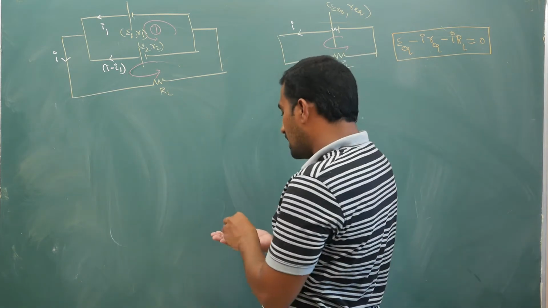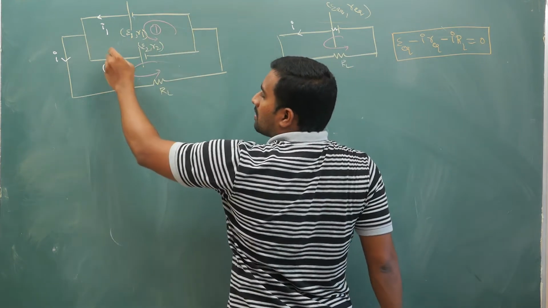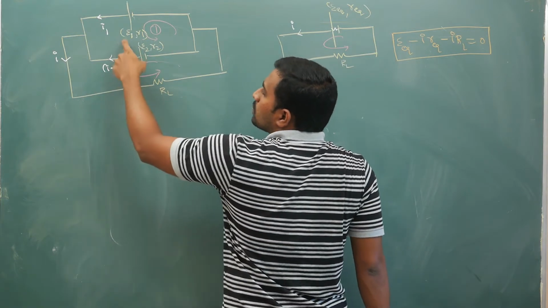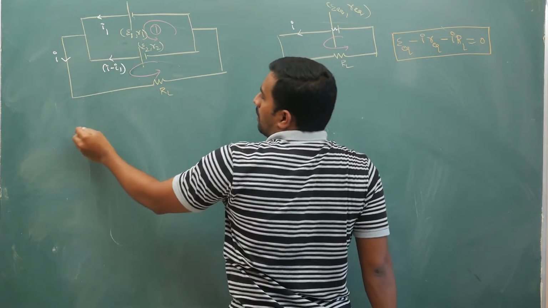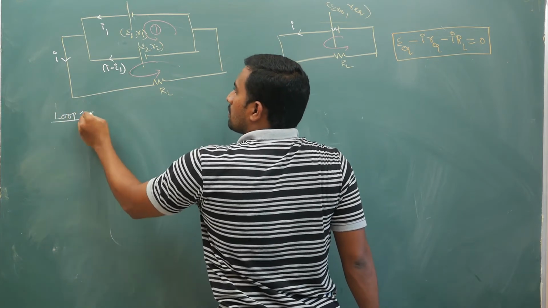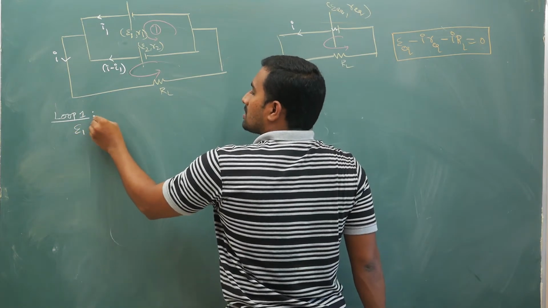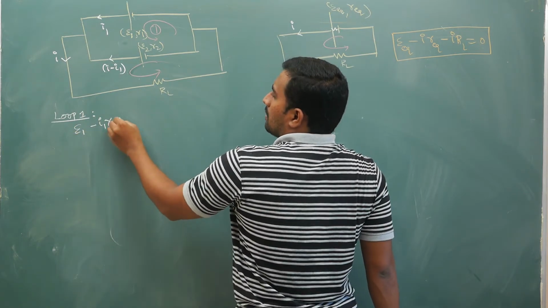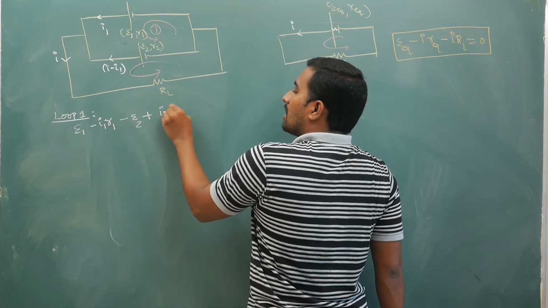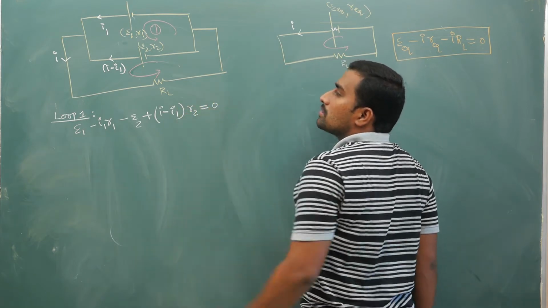So now to get the I1 part, first I will try to apply Kirchhoff's law in the top part as well as the bottom part. Within this loop, the top loop, loop 1, plus E1 minus I1 R1 minus E2 plus (I minus I1) into R2 is equal to 0.